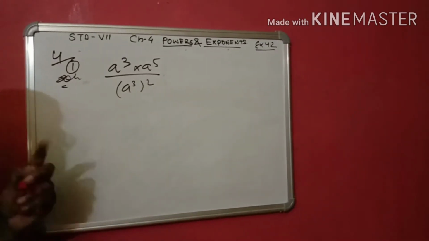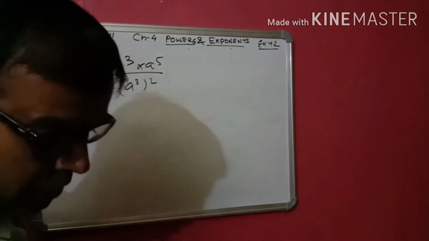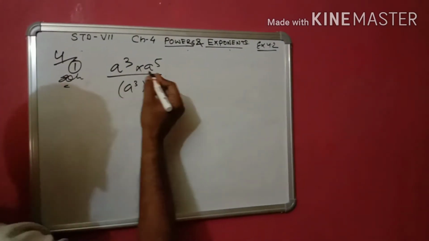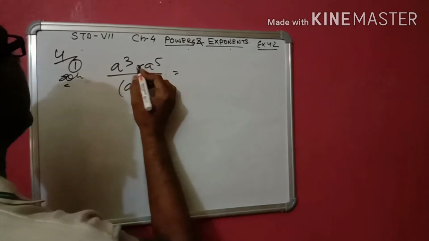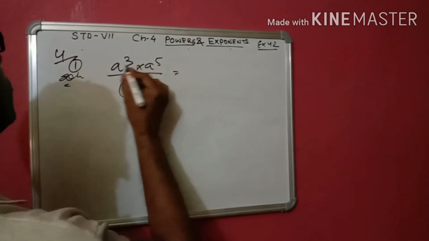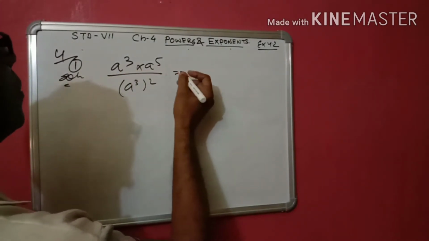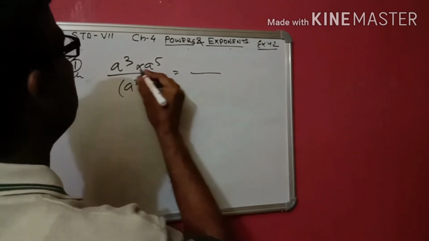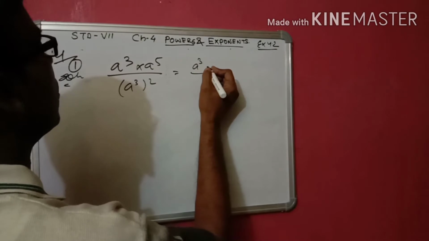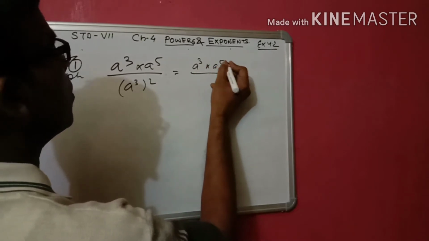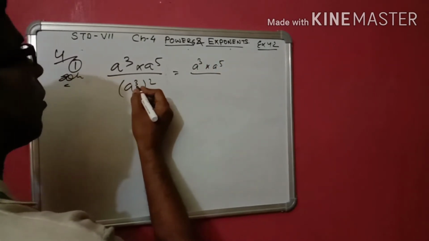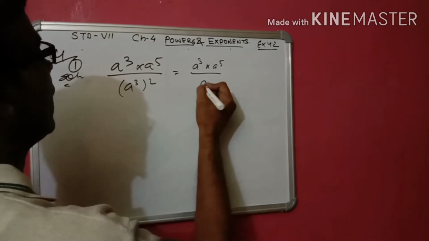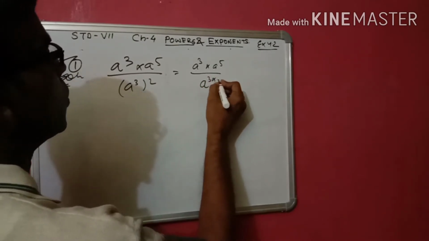Now question number 4. It is given: simplify and write in exponential form. Here it is given a to the power 3 into a to the power 5 by a to the power 3 to the power 2. First of all, let us take a to the power 3 into a to the power 5, and here a to the power m to the power n I can write as a to the power m into n, means 3 into 2.